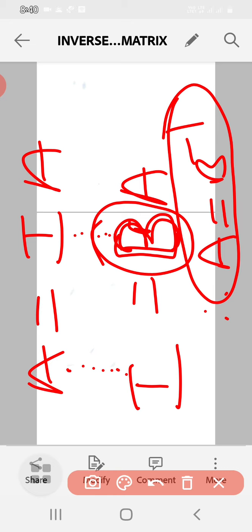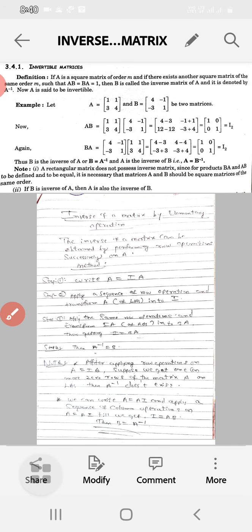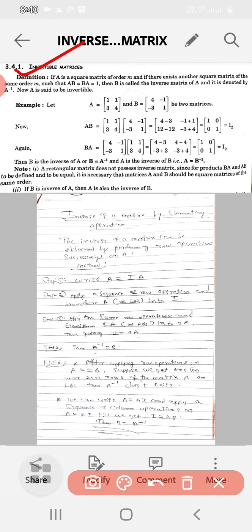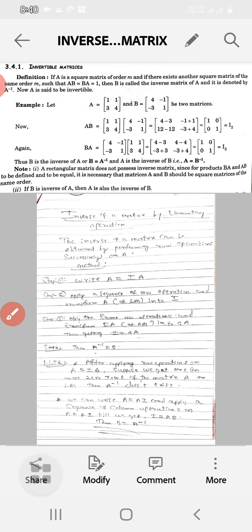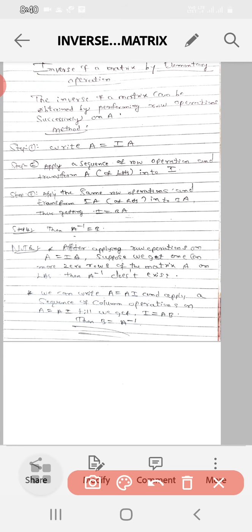So what are the steps involved in finding the inverse of the matrix? Let us go through the steps one by one here. I told the definitions of invertible matrices, and this we have already discussed in the last class, so no need to worry up to this point. Then we can see here inverse of a matrix by elementary transformation.